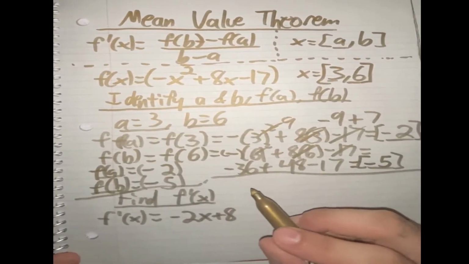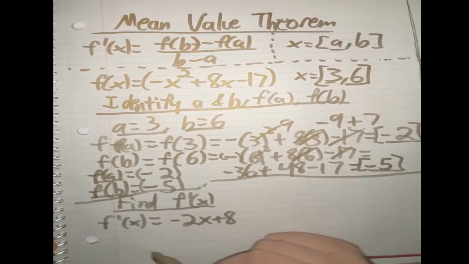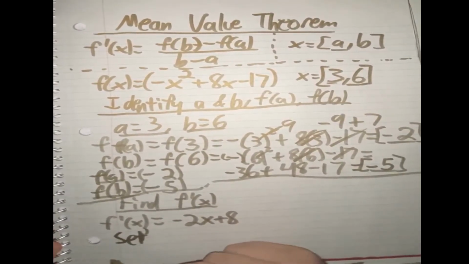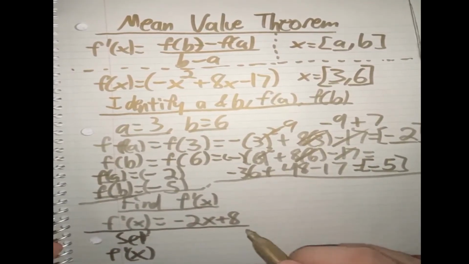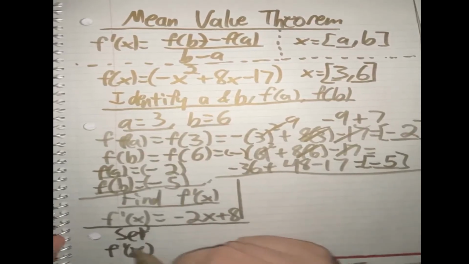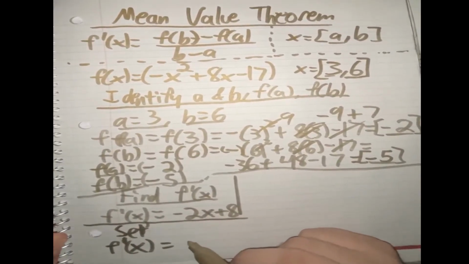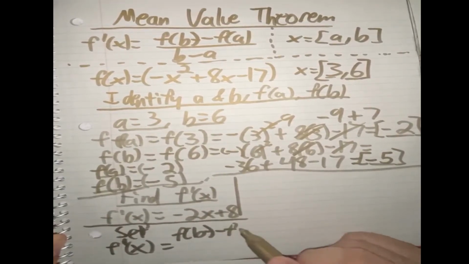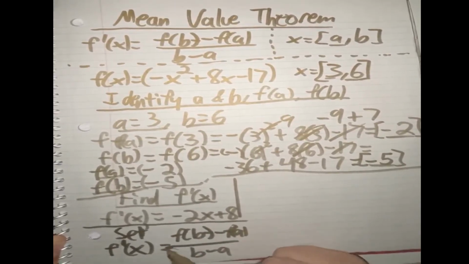And now the next step would be to set f prime of x equal to f of b minus f of a over b minus a.